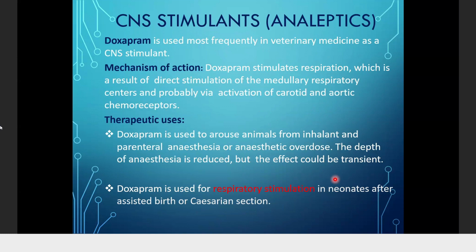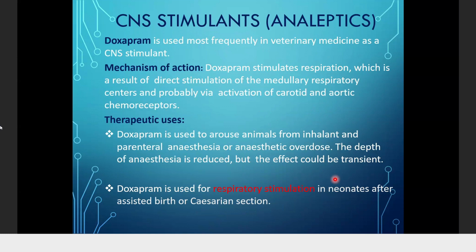There are some signs that you see: the dilatation of the pupils, and you pinch the web of the cats or dogs in between their toes. There are a few signs that you look for to know whether the animal is already anesthetized or not. All this will be taught when you take the course on anesthesiology.